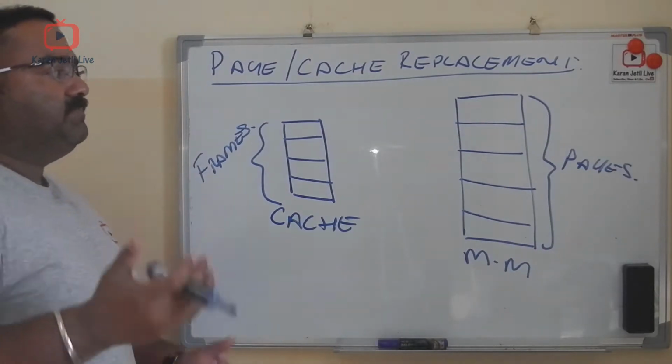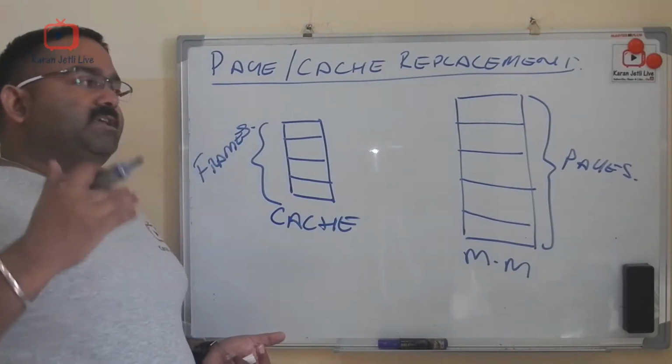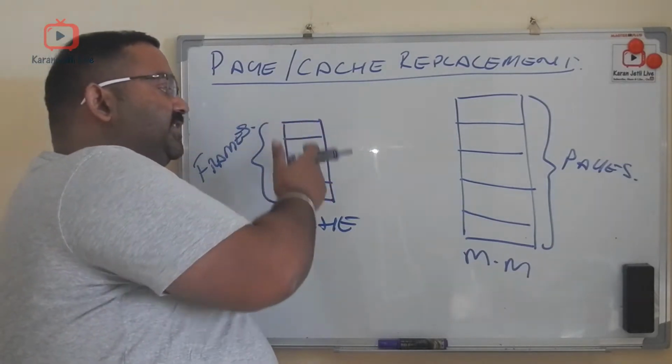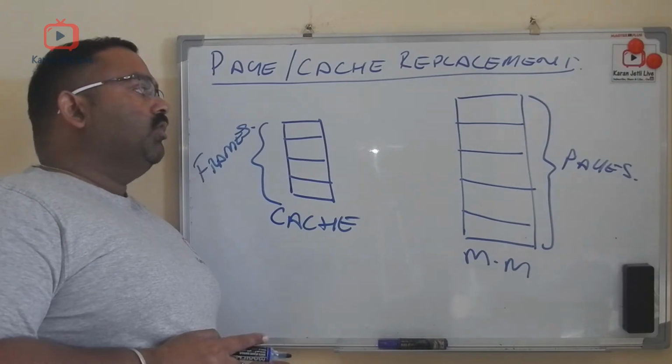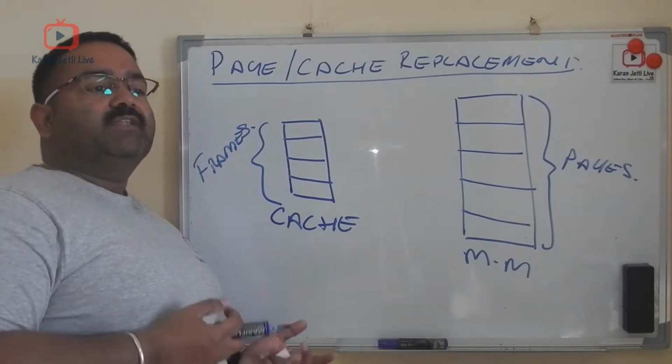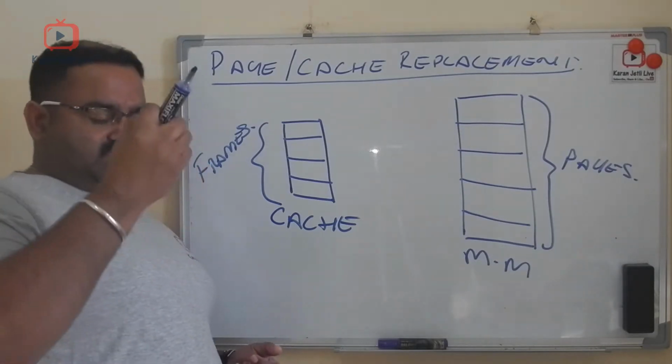Whenever the CPU or the operating system needs any page, we check it in the cache first. If that page is in the cache, then we call it a hit. If that page is not in the cache, then we call it a miss.